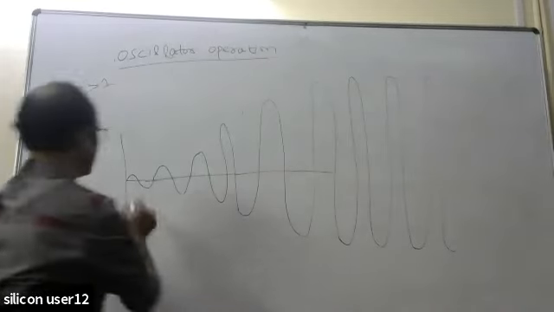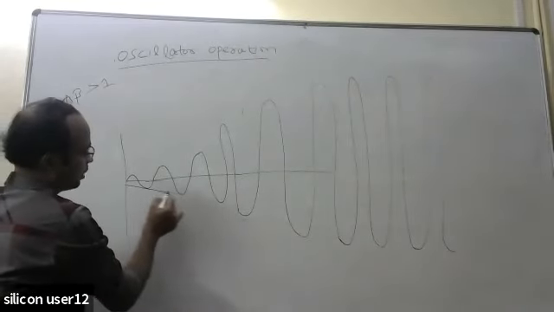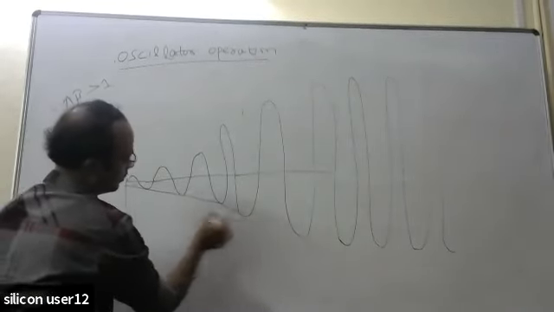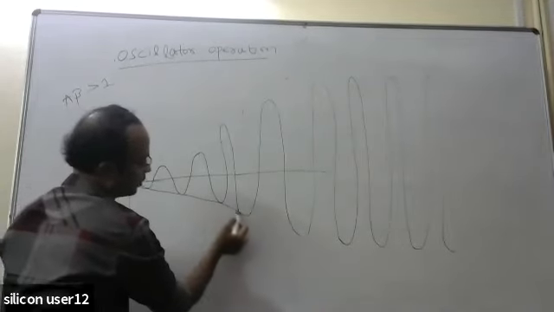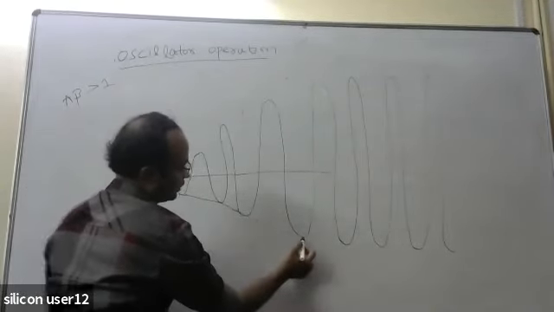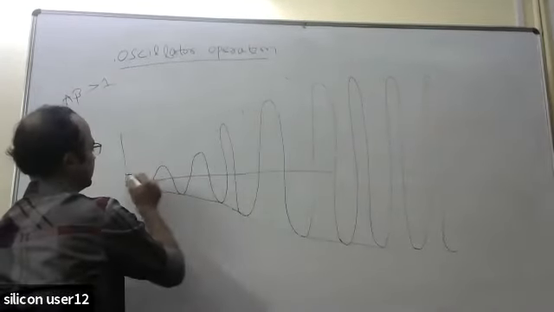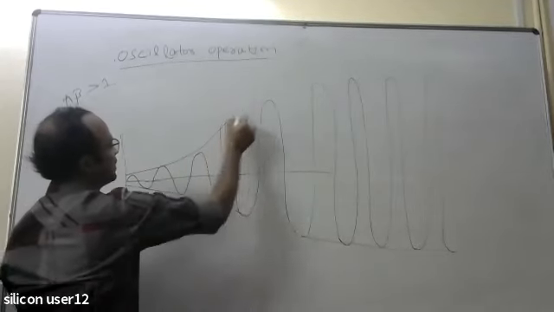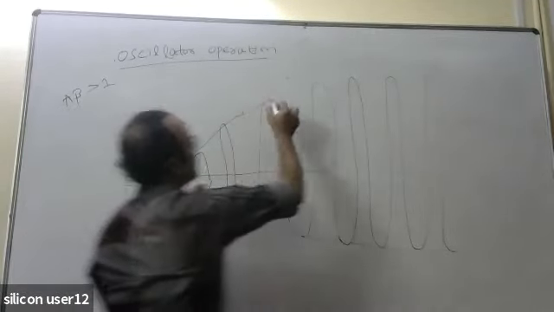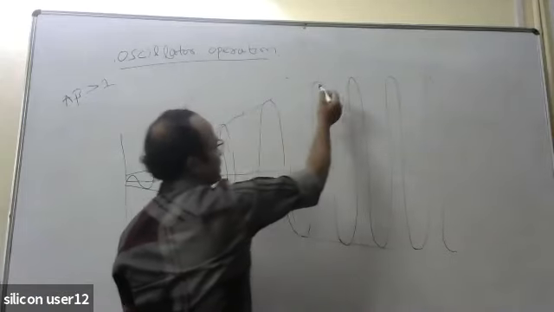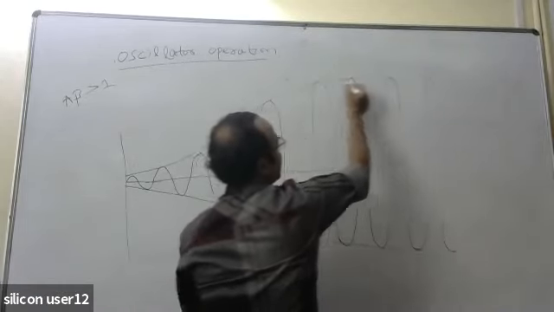If you join their peak values, or the envelope, what you find here is that it is initially increasing, but after some time it is constant. Similarly here, initially it is increasing, and after it reaches the maximum point, it becomes constant.